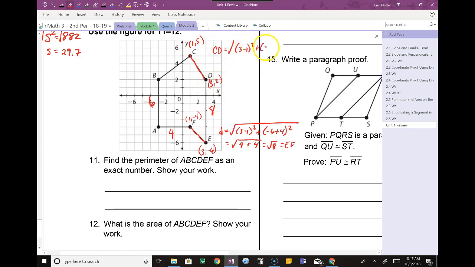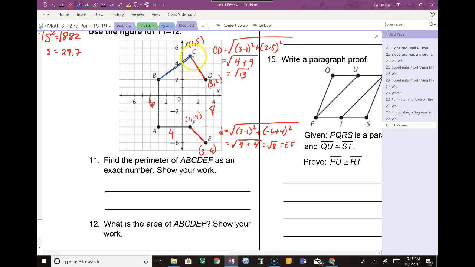Difference in y's is 2 minus 5. So 3 minus 1 is 2. 2 squared is 4. 2 minus 5 is -3. -3 squared is 9. And 4 plus 9 makes 13. So we'll leave that there. So that's your CD.